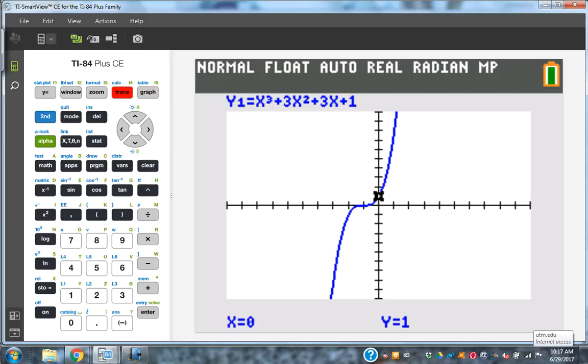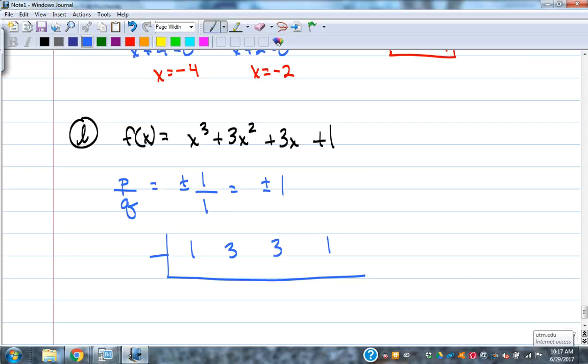I'm going to hit trace -1 to verify that that's correct. So I know that it has the rational 0 of -1, so I'm going to use that with synthetic division. Based on that graph, that's how I know that. And I know that it had to be out of that P over Q list. And then just work from there.